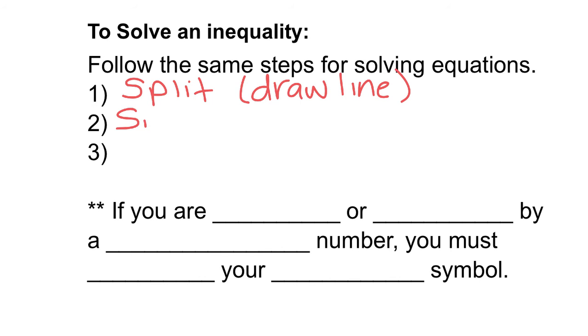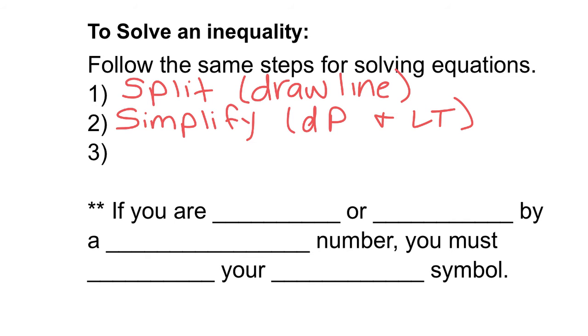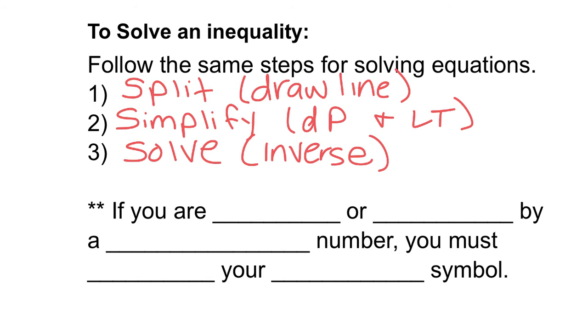Then we simplify. Remember, that means distributive property and like terms. And then we start to solve it with our inverses. The only thing that is different about solving an inequality compared with solving an equation is one thing that sometimes maybe comes up, and that's this.